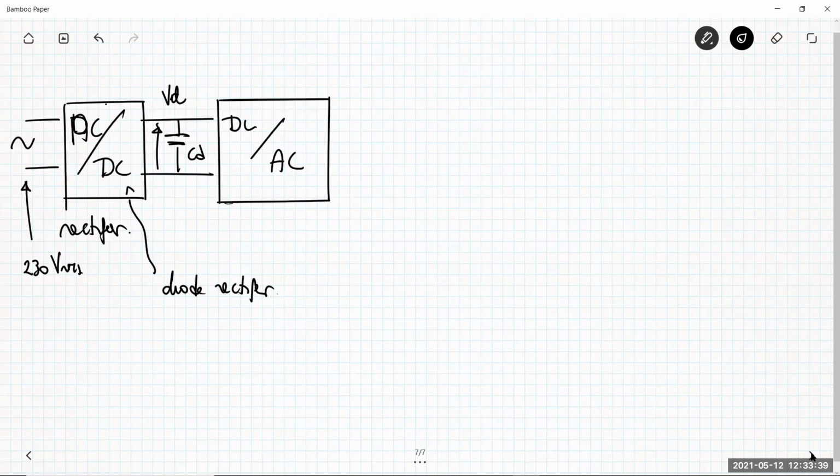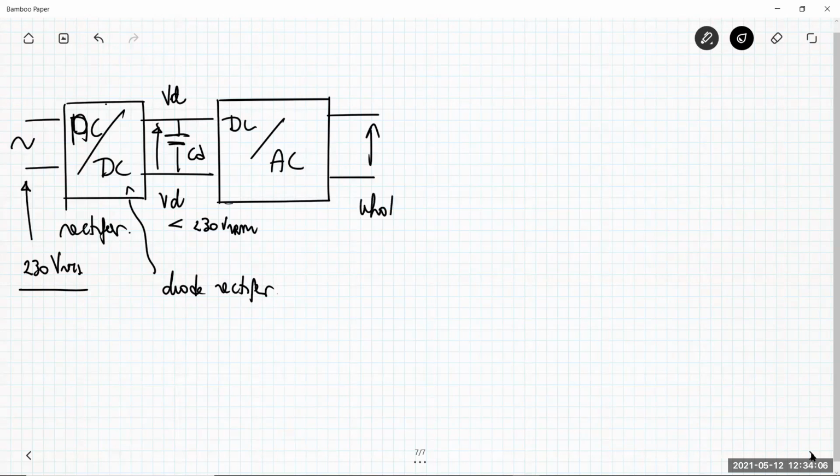So the voltage VD here at the maximum is a little bit less than 230 volt RMS. Now, suppose your inverter should supply a voltage to AC motors, and this nominal voltage should be exactly 230 volt RMS.